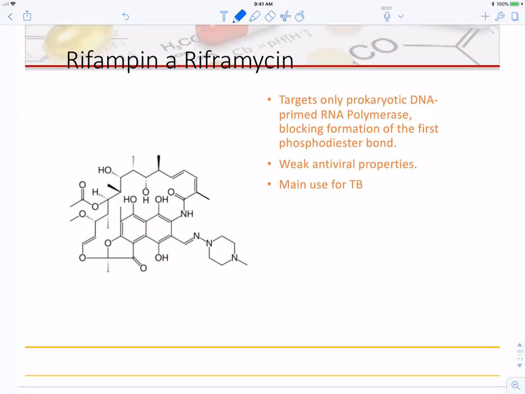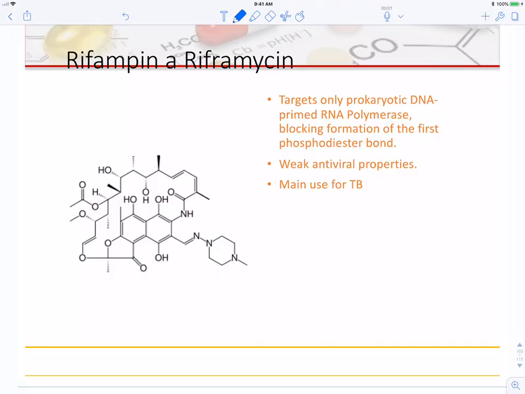Okay. Another antibiotic is rifampin, which targets the prokaryotic DNA-primed RNA polymerase, and so basically blocks the formation of the first phosphodiester bond when forming RNA from a DNA template.